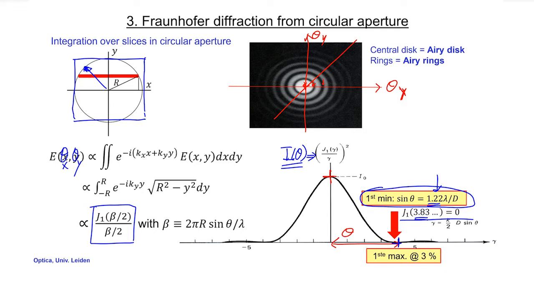Hence the diffraction pattern will effectively be somewhat larger because you miss some of these sources. And that's where the factor 1.22 comes from. Finally, a small detail. If you look at the intensity of the first maximum, this first bright ring, you'll notice that for a circular hole it's at approximately 3%, whereas for a slit it was at approximately 5%.